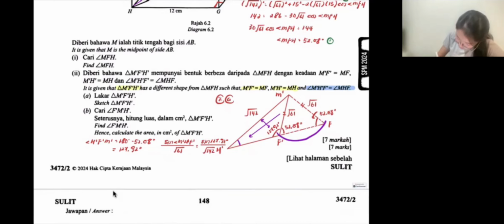Be very careful with this. Let us do it slowly. Surd 61 times sine 127.92 divided by Surd 142. Shift sine answer, 31.13. 31.13 degree. Okay, this one here, 31.13.